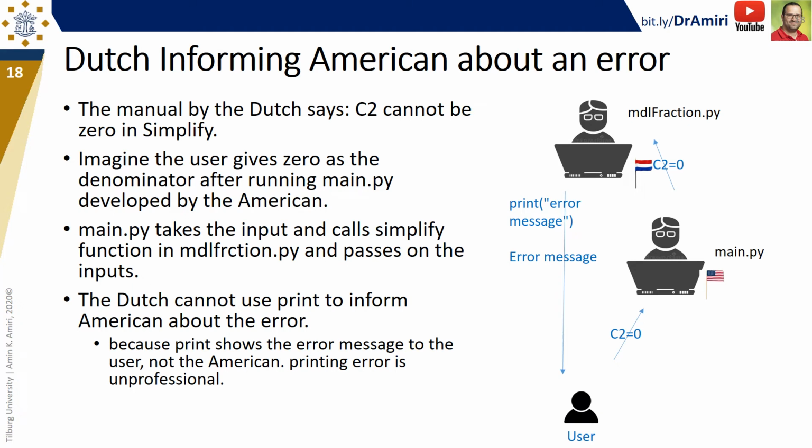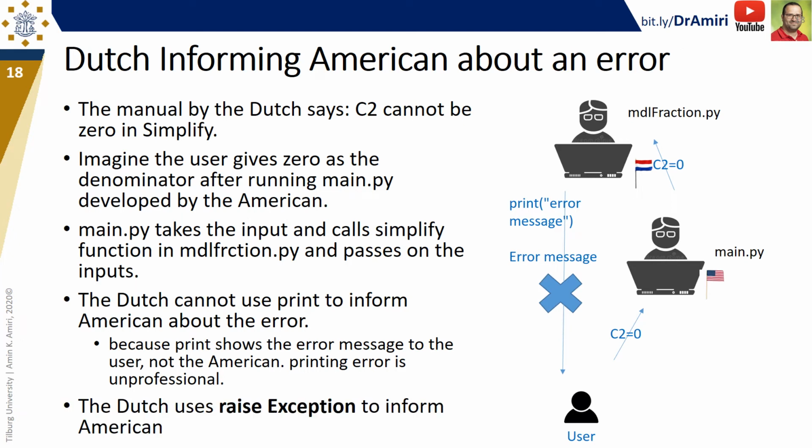Inside modules, usually inside functions, it's a general good practice to not use printing whenever you bump into an error message. So what should I do then? You need to use the raise exception command to inform the American about the error message.